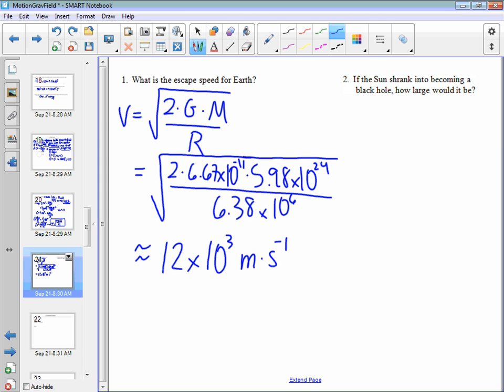The actual value is 11.2 kilometers per second. Other bodies are affecting the escape speed from Earth. Again, this is assuming it's only from Earth itself.